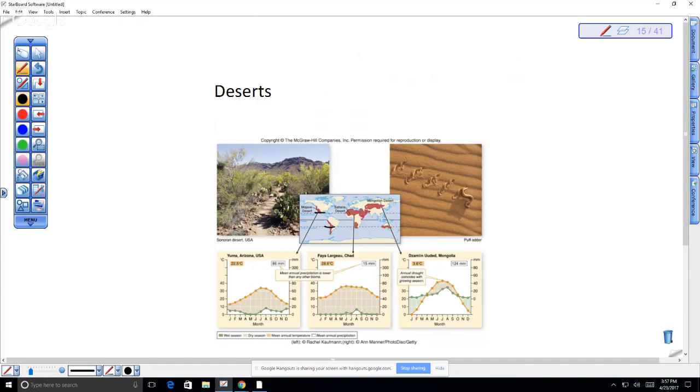They don't really have a period of rain where they have a rainy season. Evaporation exceeds precipitation.